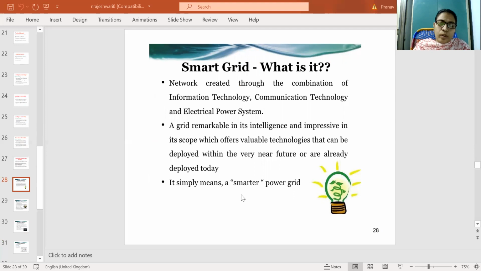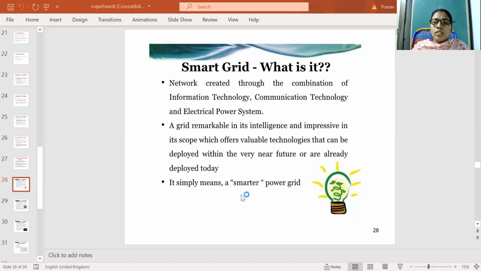So coming to smart grid. A smart grid is nothing but a microgrid with some additional factors. First, you have to know what a smart grid is. A network created through the combination of information technology, communication technology, and electrical power system is nothing but a smart grid.